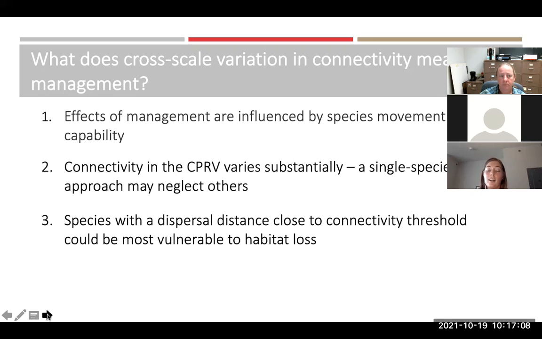The third idea that I want to mention, and this has emerged in some previous literature which has taken a similar approach to connectivity analysis, is what this potential threshold of connectivity means in the landscape. What prior studies have suggested is that species with a dispersal distance close to that connectivity threshold, which in our analysis was between 500 meters and 6,500 meters, could be most vulnerable to habitat loss.